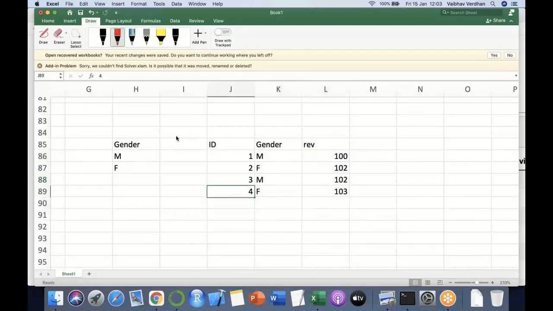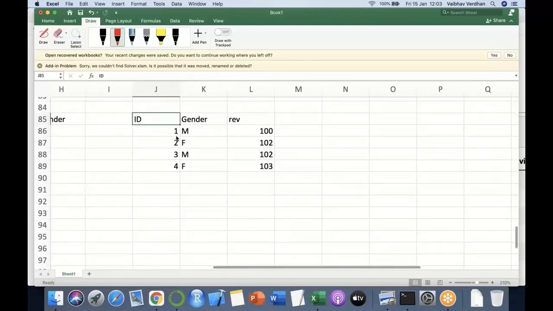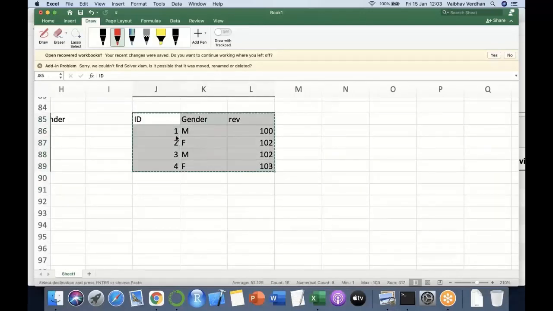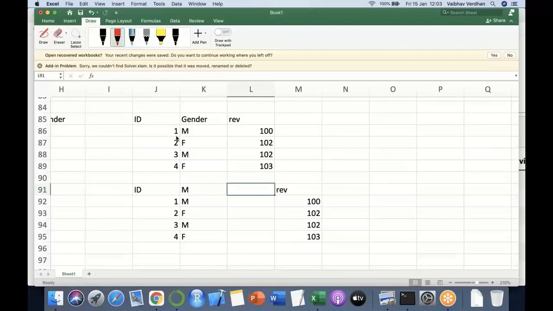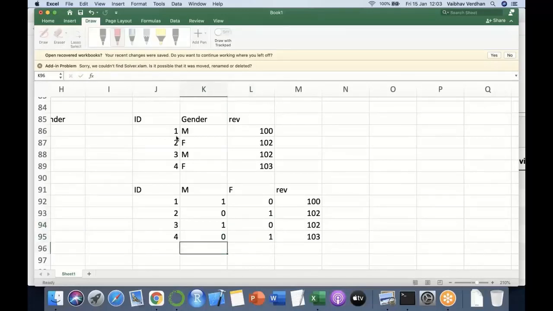If you convert this gender variable to one-hot encoding, male is 1 and female is 0 for the first observation, then 0 and 1 for the next, and so on. This is how one-hot encoding converts your categorical variable to a numeric variable.